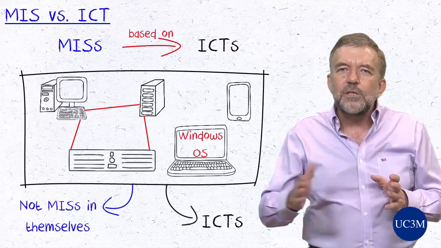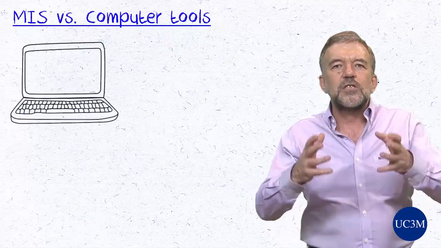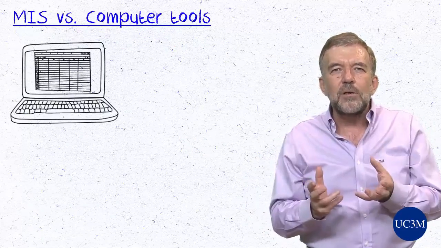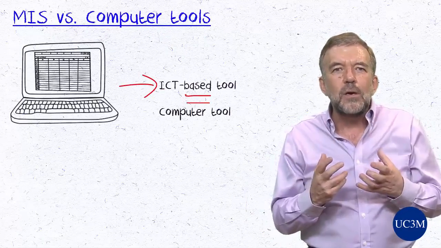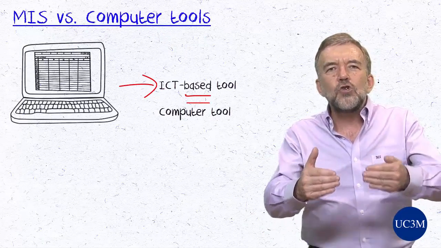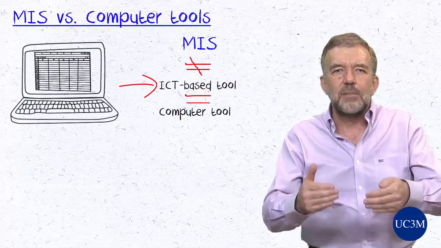A less obvious distinction has to be made with computer tools, such as office tools. If we use a spreadsheet in our personal computer, we are utilizing an ICT-based tool or computer tool. However, it falls short of what we shall call here a management information system.